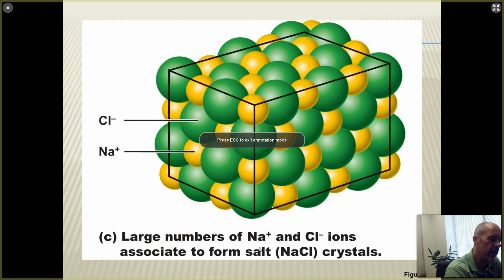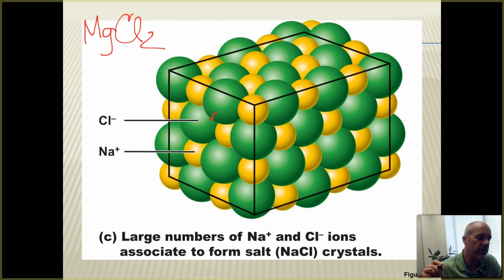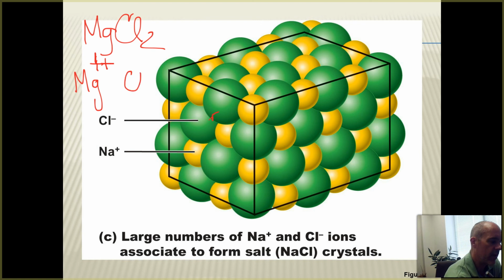For example, if you saw MgCl2, that stands for magnesium chloride. Magnesium likes to give up 2 electrons really easily, so it develops a double positive charge, and then you'll have, we said chlorine likes to pick up single electrons, remember that?